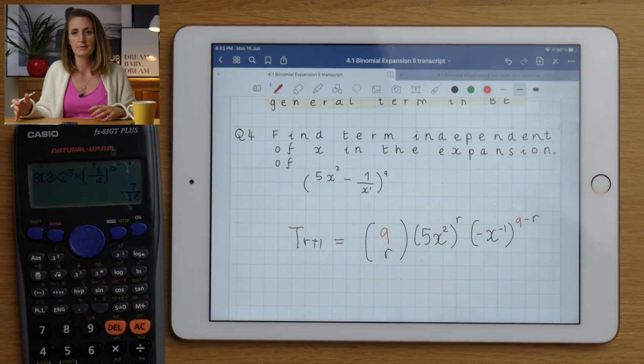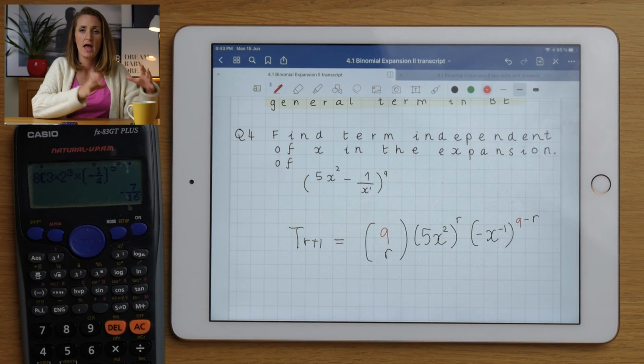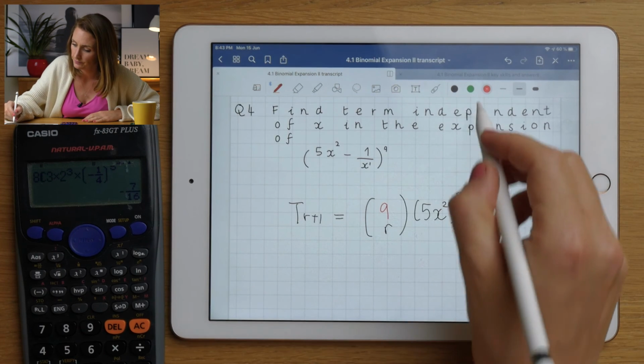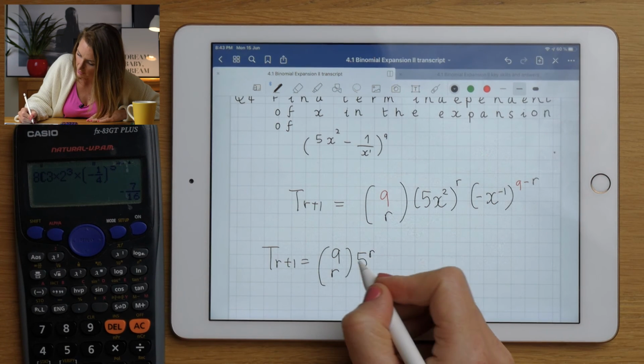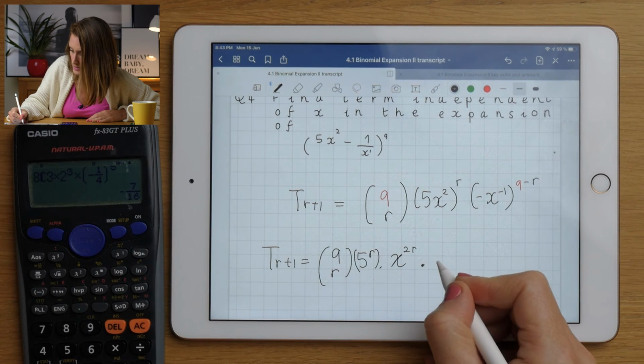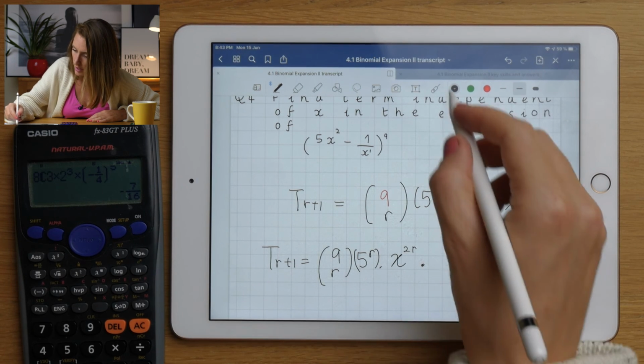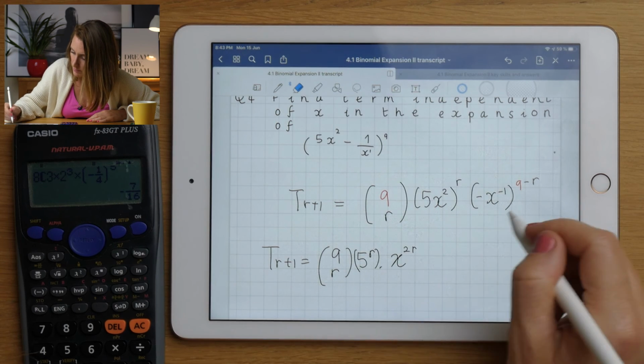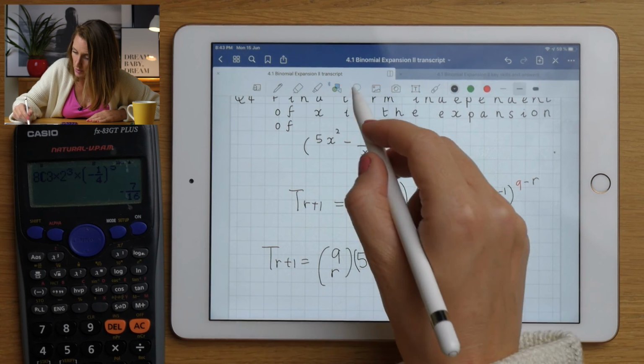Again, I'm going to regroup this so I have all my numbers at the front and my x's at the back. So the 5 to the r is going to go at the front, and then we're going to have x to the 2r times, I'm going to split this up to think about the minus as a minus 1, okay?